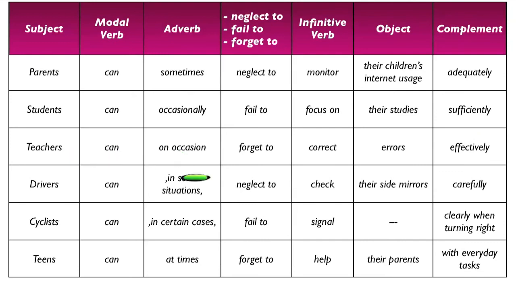Drivers can in some situations neglect to check their side mirrors carefully. Cyclists can, in certain cases, fail to signal clearly when turning right. Teens can, at times, forget to help their parents with everyday tasks.